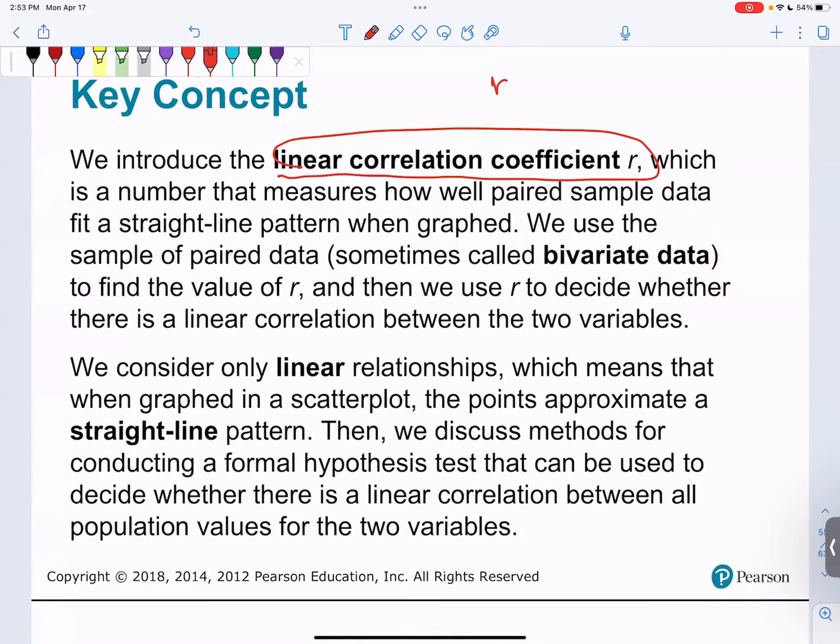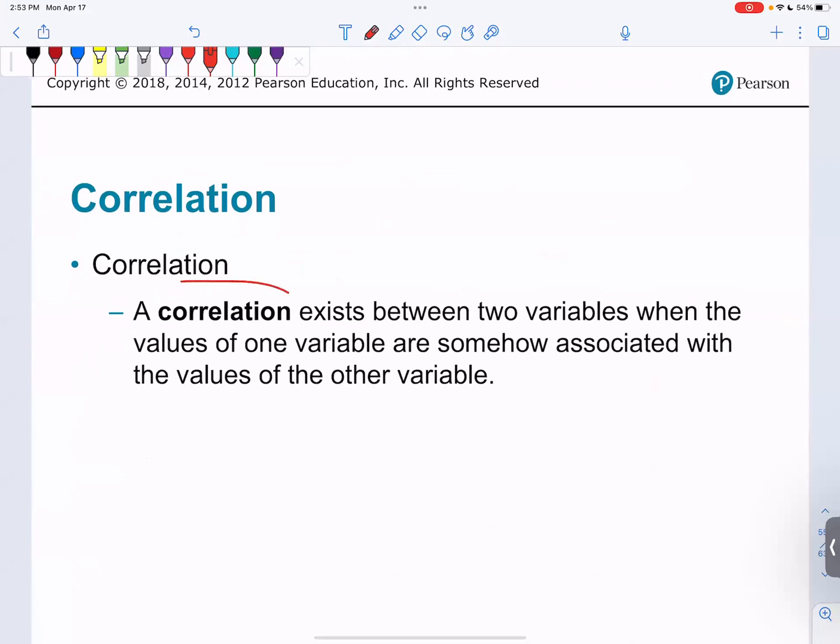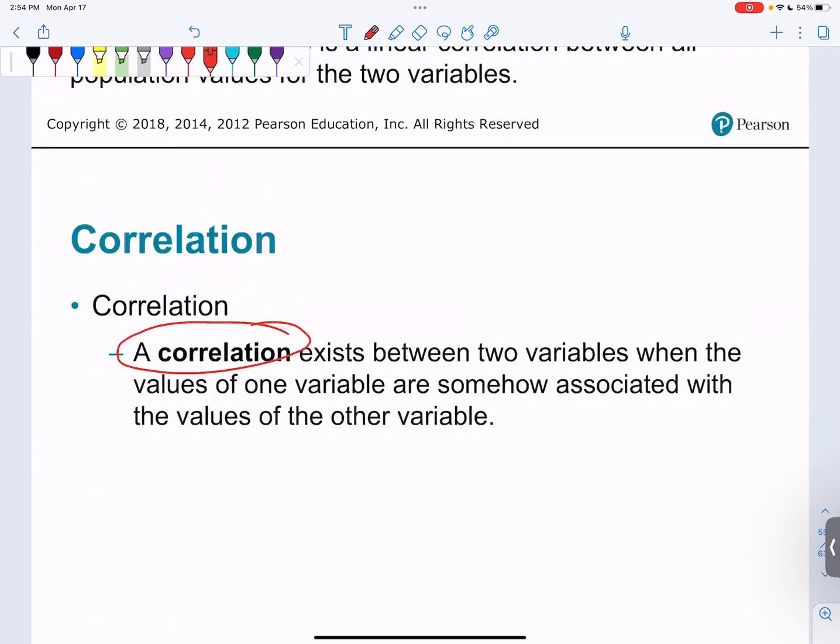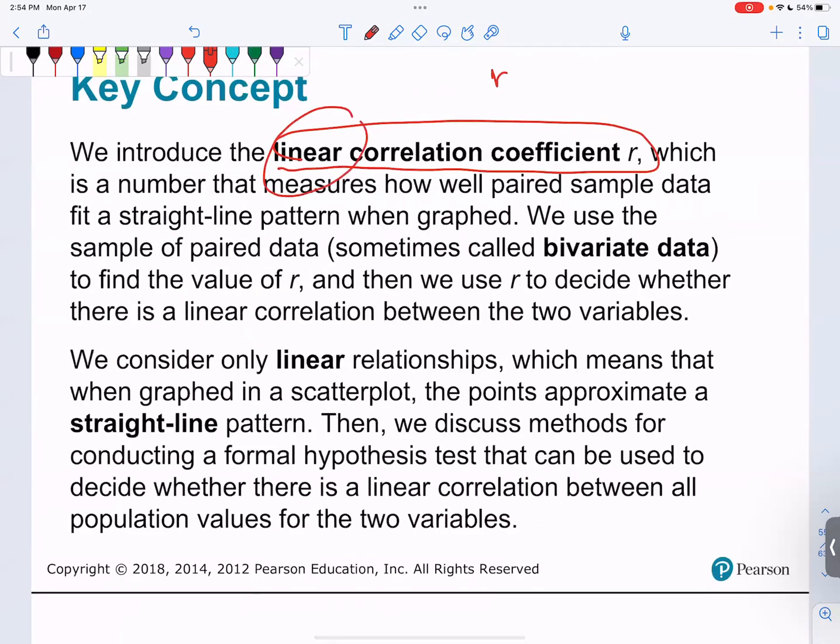Correlation is just how to find the relationship between two variables, right? So we will not study causation, which one will affect the other. We will only find out if we have any relationship between two variables, or basically any linear relationship.